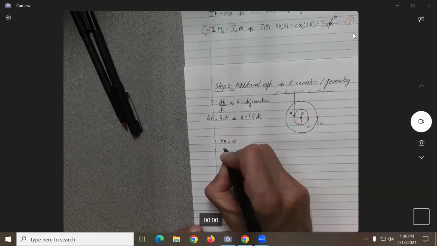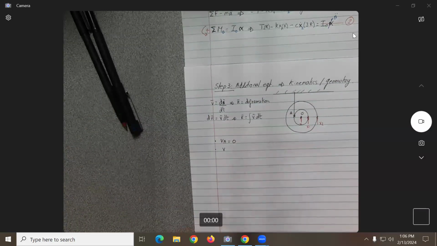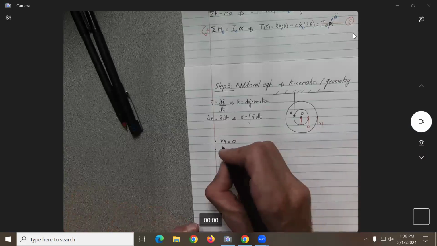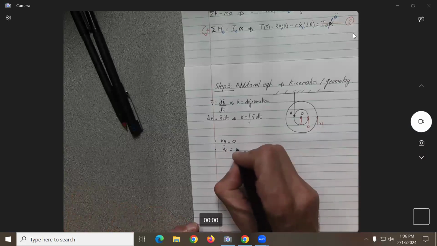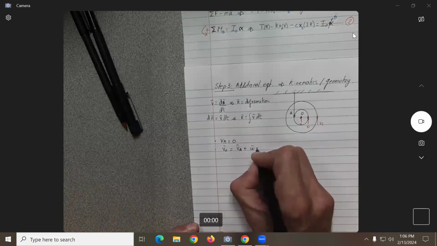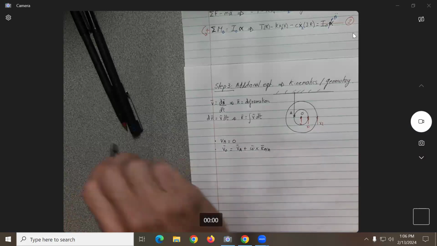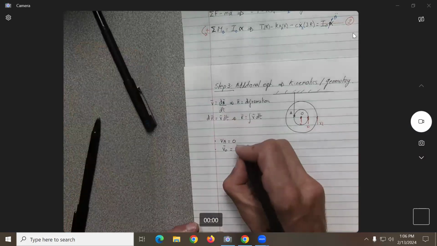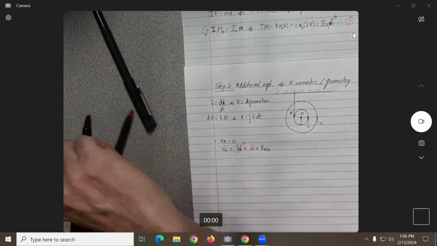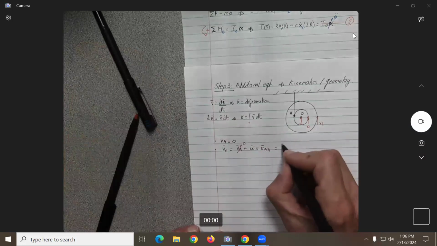We can calculate the velocity of point O, then find the relation between omega and so on. This will be VA plus omega cross R of O with respect to A. This is 0. Then what do we know?